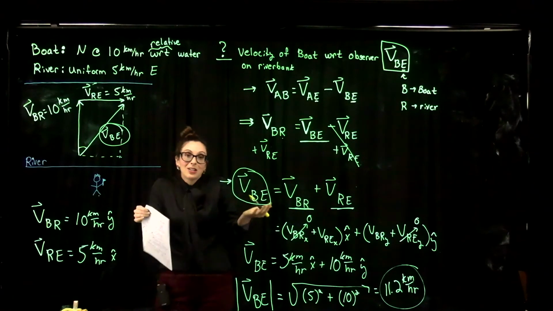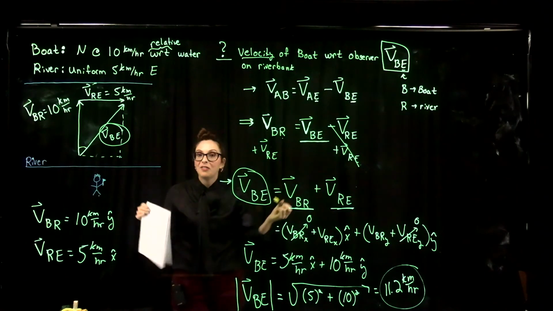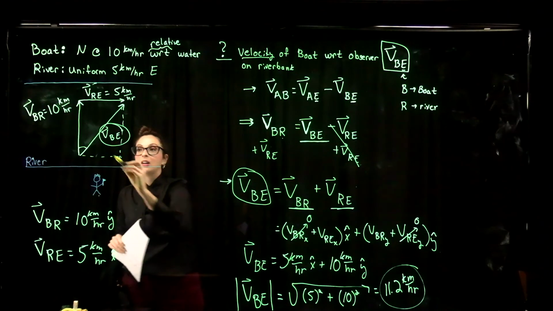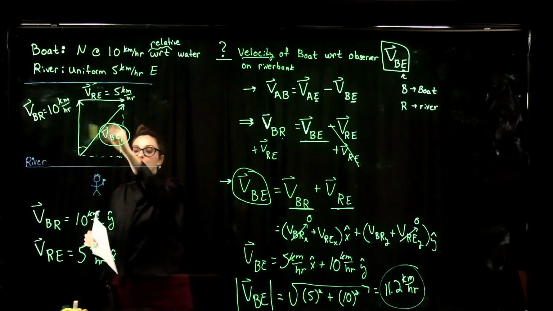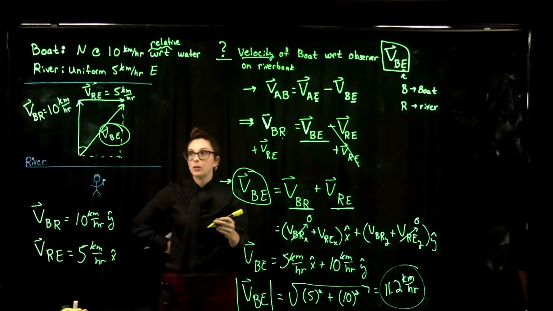And then because velocity is a vector, we've got our magnitude, but we need to find the direction. We need to find the angle of this vector with respect to, let's just say, due north right here, okay?